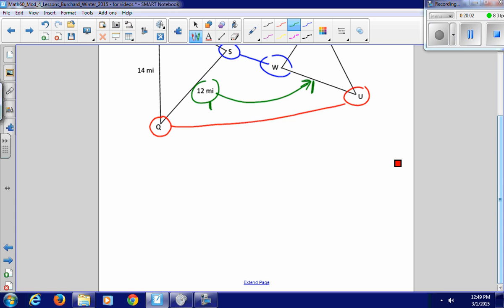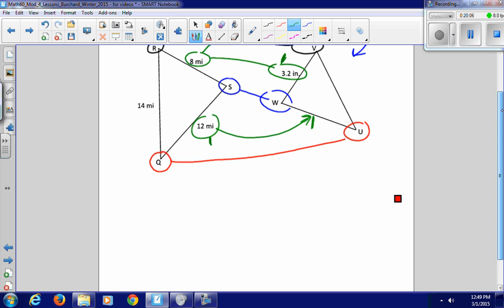So we're going to write that out as a proportion. Put that up where we can see it. So remember, the order doesn't matter, but once I pick it, I have to stick with it. So I'm going to do my 8 goes with 3.2.